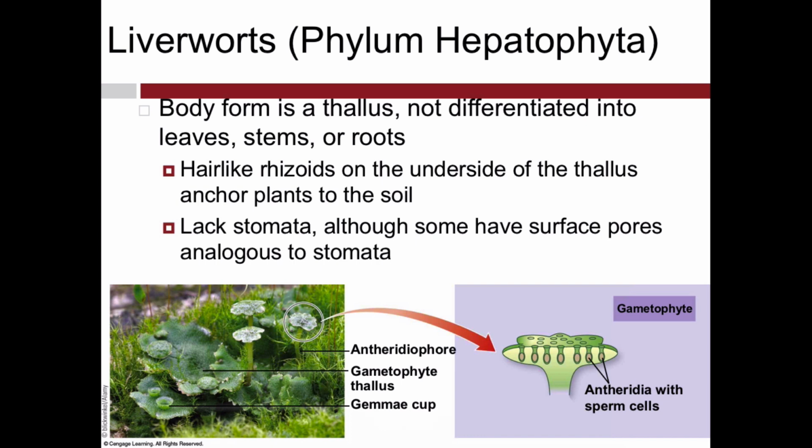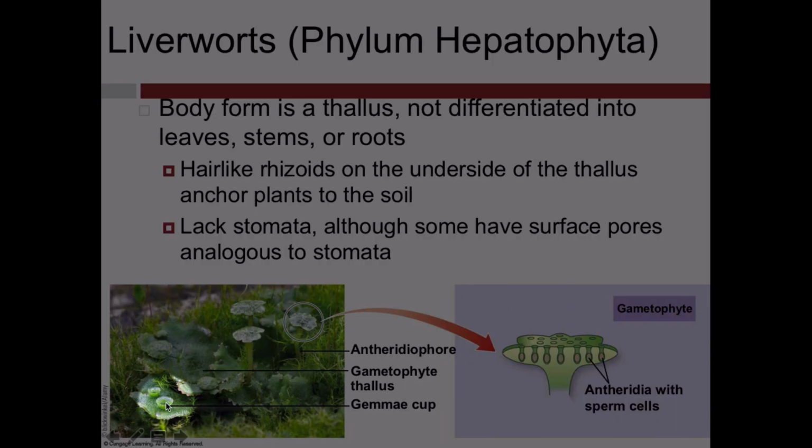They still have the antheridia, as well as the archegonia, more colloquially known as the archegoniophores, which bear the archegonia, and the antheridiophores, which bear the antheridia. If you look down at the bottom left, let's get into reproduction. In the liverworts, they reproduce by way of these things called gemmae.